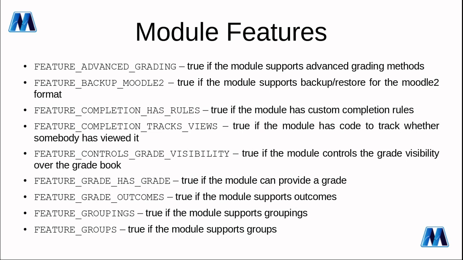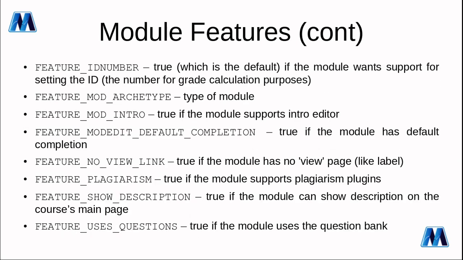Completion has rules, completion track views, so stuff to do with completions. Grade stuff, visibility, grade as grade. If your activity supports a grade, we've actually come across this one before. Grade outcomes, groupings and groups, which we've discussed before.